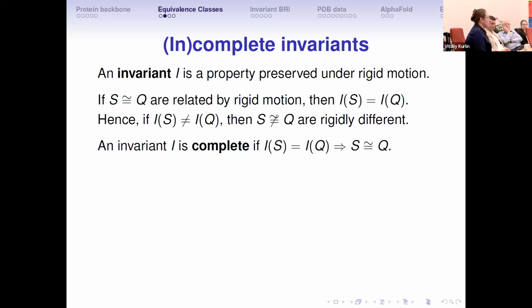But as mentioned in the previous talk, if you would like to say that coinciding invariants indeed mean coinciding objects, we need a stronger notion than just an invariant. It is the notion of a so-called complete invariant. Okay, any simple examples of an invariant for protein chains? Just an invariant of a protein chain. What can be the simplest invariant one can think of?